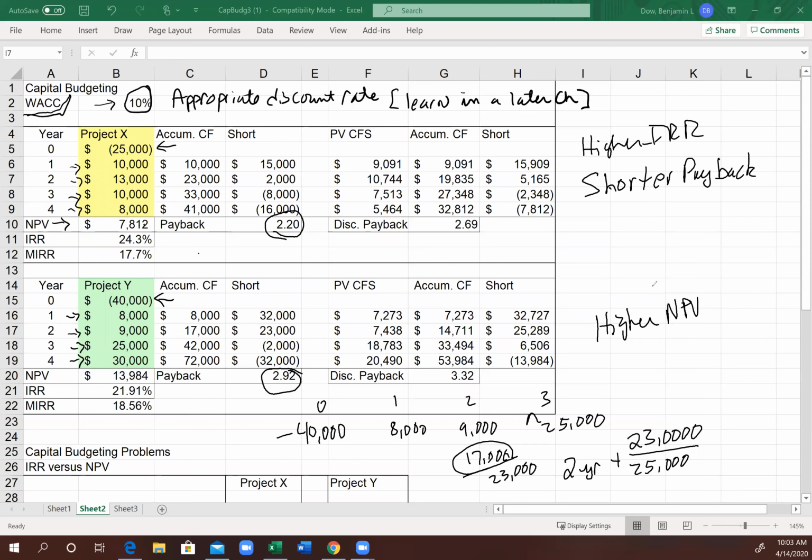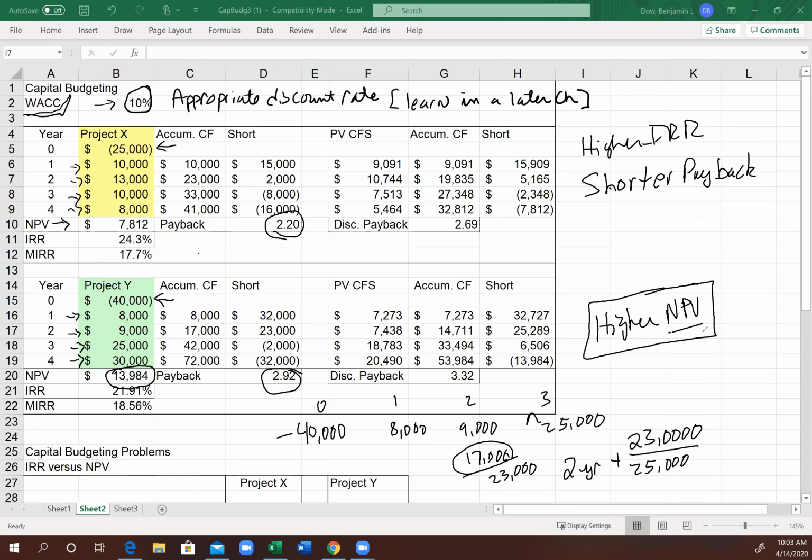So we start looking and we can see that Project Y does provide the most net benefit. After we've paid back the 40,000, we've got about $14,000 left over. That's what net present value is telling you.